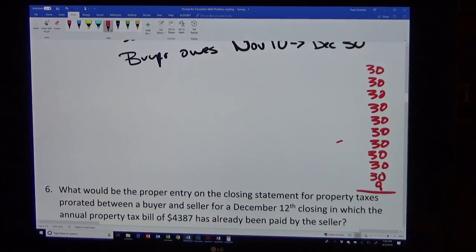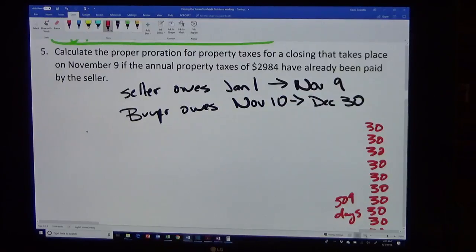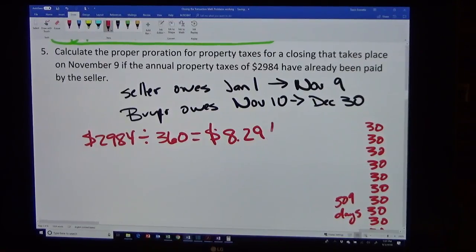That's 309 days that the seller owes for. Here's what we know about those taxes. Annually, they're $29.84. So we want to divide that by 360 to break it down to daily. That gives us daily property taxes of $8 and about 29 cents a day.